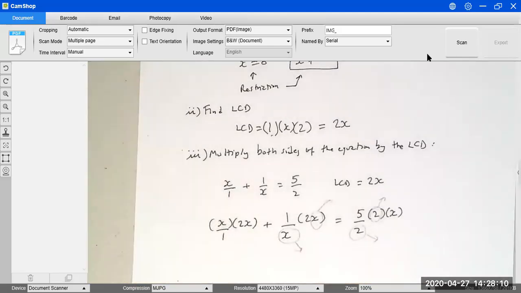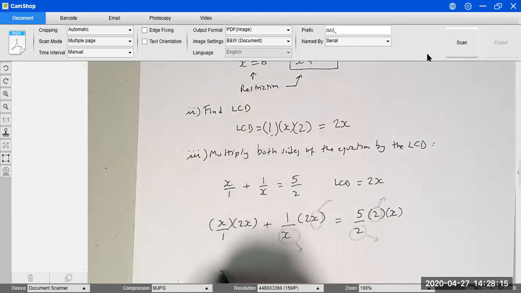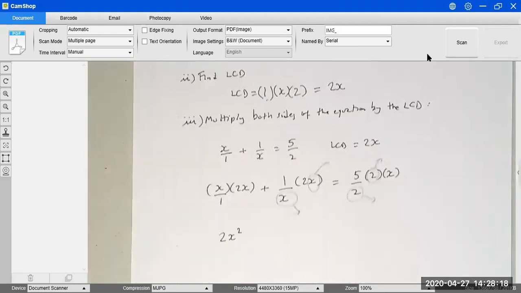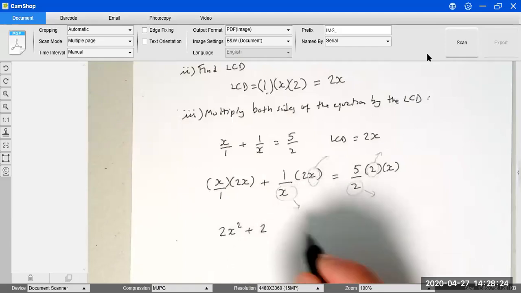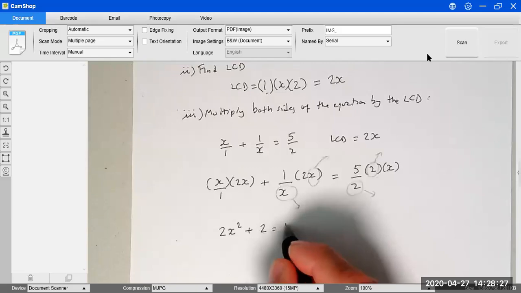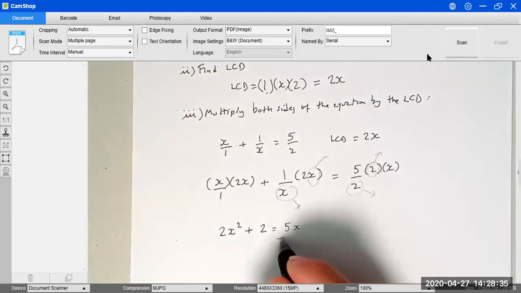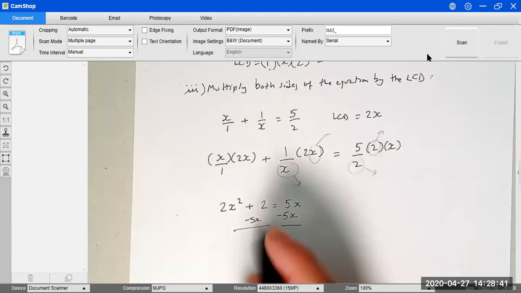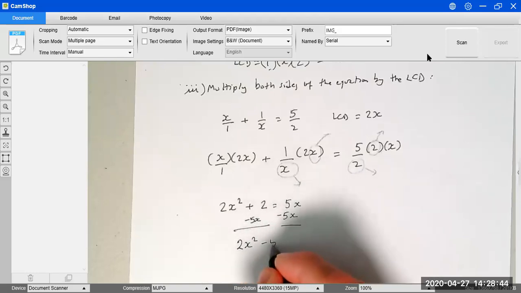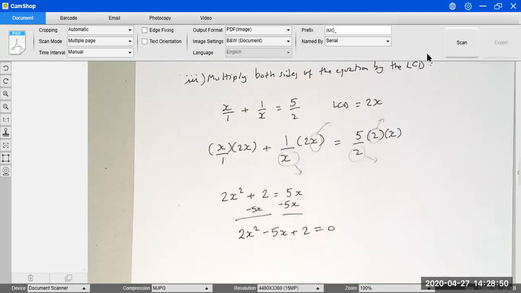So you end up with 2 times x times x, which is 2x squared, then plus, I have here just the number 2, then I have here 5x. So I'm going to end up with the quadratic equation. So you move this to the left hand side. So you get 2x squared minus 5x plus 2 equal to 0.